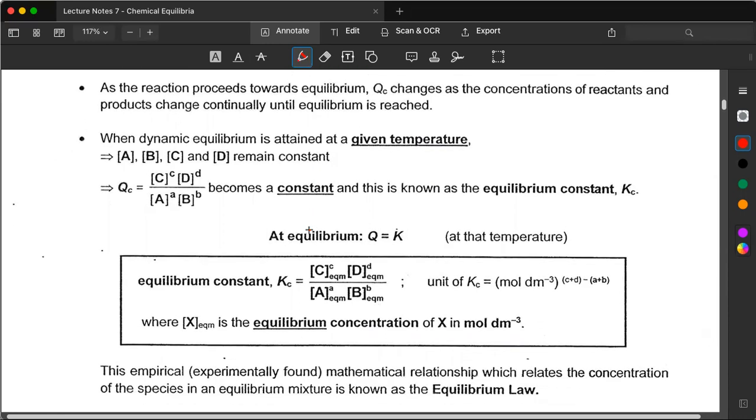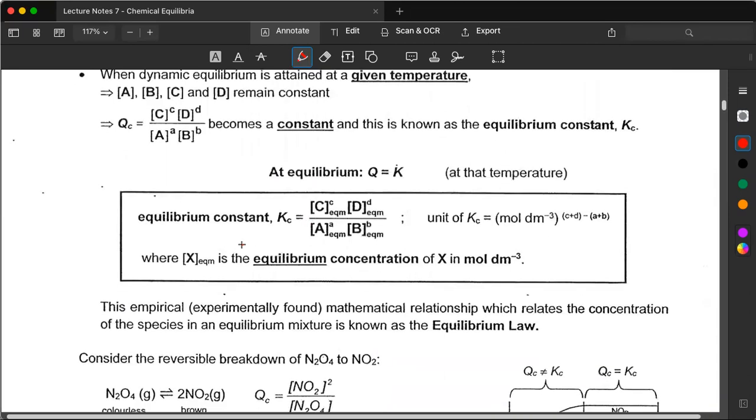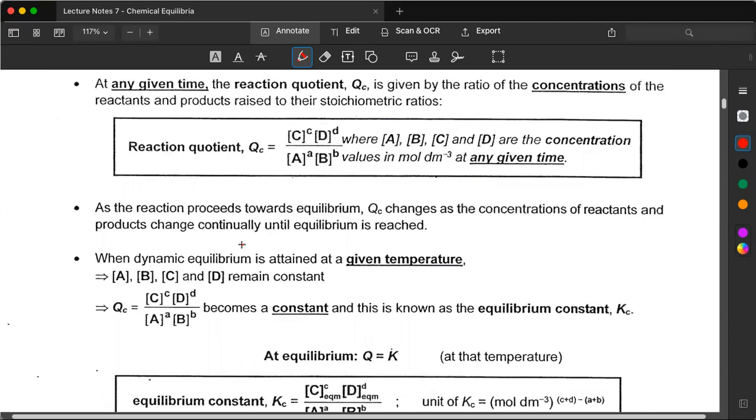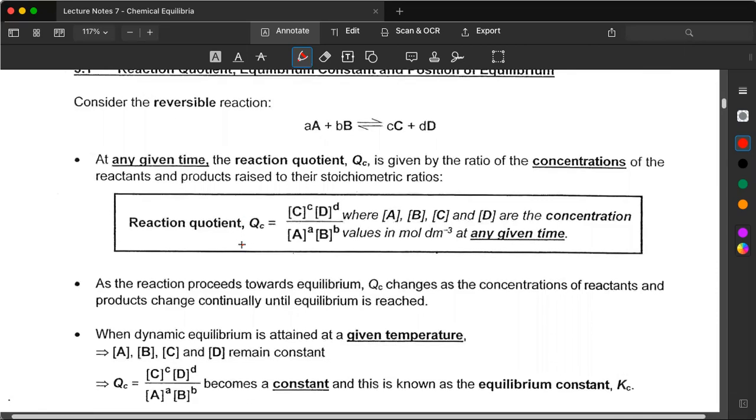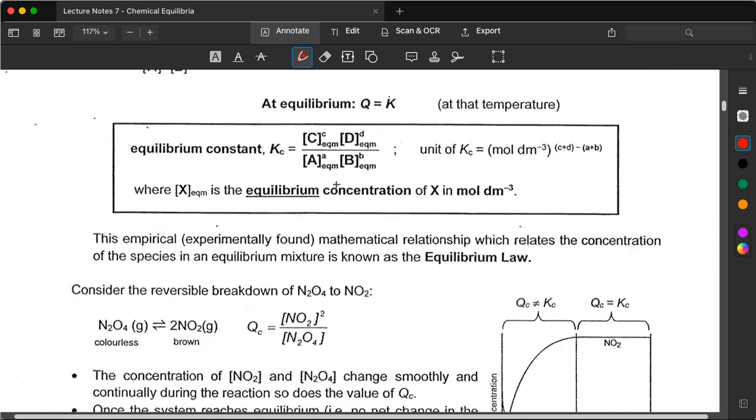At equilibrium, Qc will be equal to K. The equilibrium constant K is the ratio of the concentrations of the products raised to their stoichiometric coefficients to the reactants' concentrations raised to their stoichiometric coefficients. And we have to be mindful of the units, because the stoichiometric ratio will affect the units of Kc. So Kc is not consistent; it is subject to different expressions.